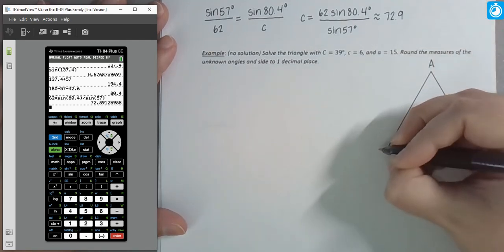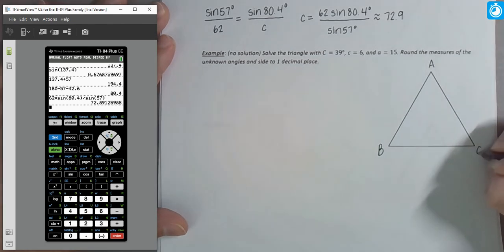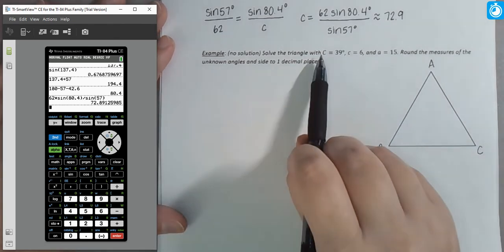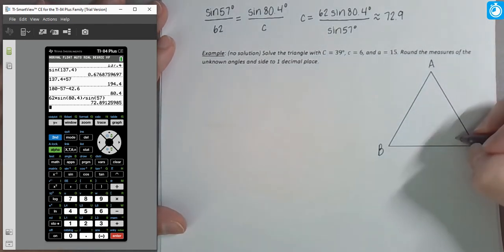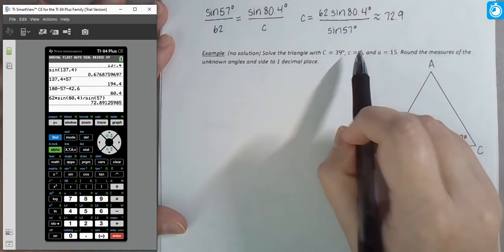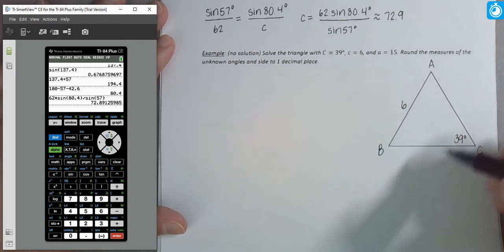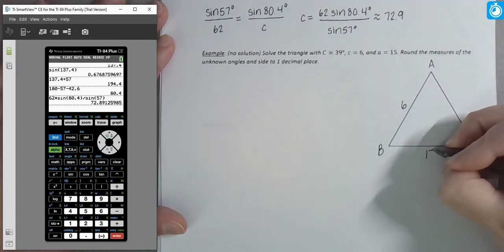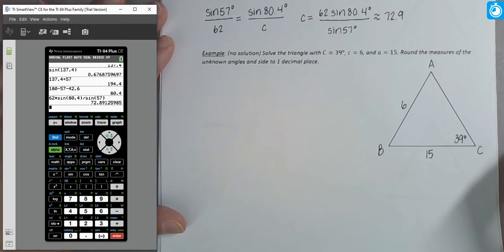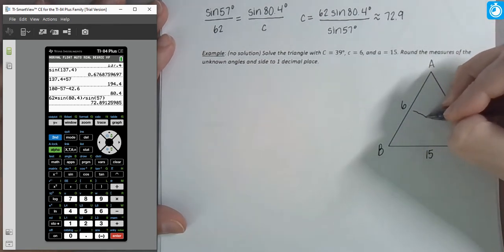So angle A, angle B, angle C. We were given angle C, 39 degrees. We were given side C, 6 units. And then we were also given side A, which is 15 units. So here's our pair.